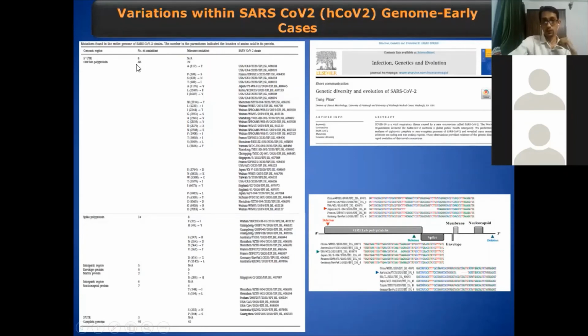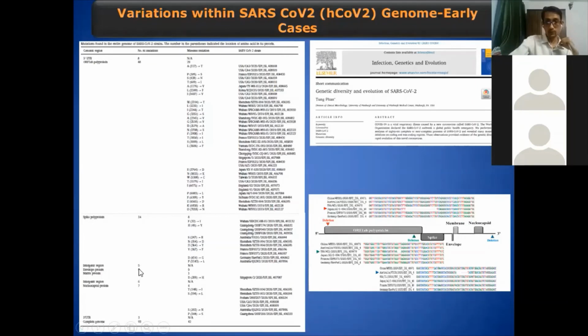5' UTR had 8 mutations. ORF1A1B had 48 mutations, but considering ORF1A1B is around 25 and a half kb, the number of mutations is very small. Spike protein is around 3.8 kb, and there are 14 mutations already known. So spike is mutating very fast, and there are 5 intergenic mutations observed.